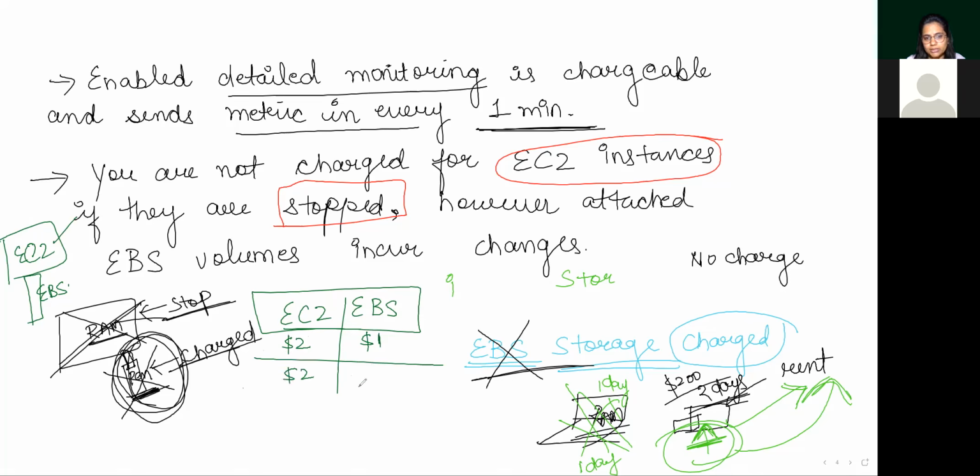But as soon as you stop this EC2 instance, they will not charge anything for it, but still they will charge you for your EBS volume. So when you are stopping your EC2 instance, you have to go and stop your EBS volume also. Got it. Now it's making sense to you? Yes. Great.